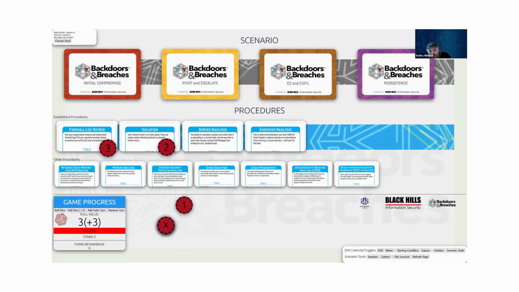We have server analysis, which is basically the same thing as endpoint analysis, but within the context of the server. And then we have something similar but different to the firewall log review, network threat hunting, which would be like a Zeek or Rita analysis, like an intrusion detection system, something of that nature.